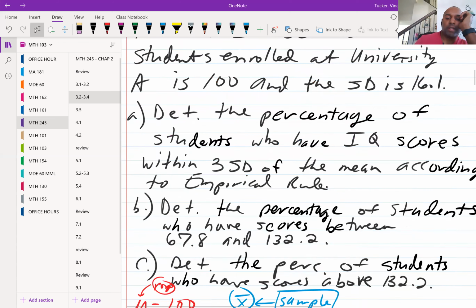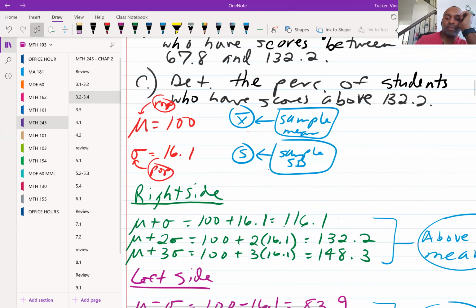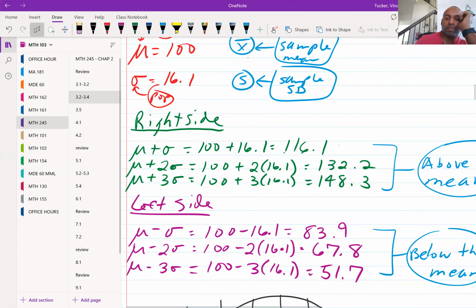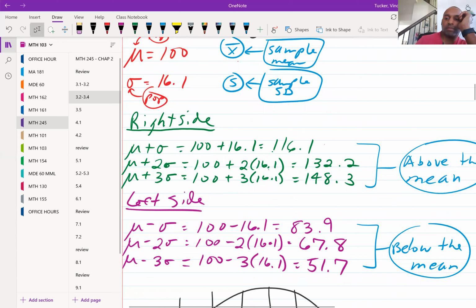So we're going to calculate them in that way. In the green, I have right side. The way we calculate the data values to the right, we're going to take the mean and add the standard deviation 3 times. So the mean is 100, and we add 16.1 to it 3 times. The first one will give us 116.1.